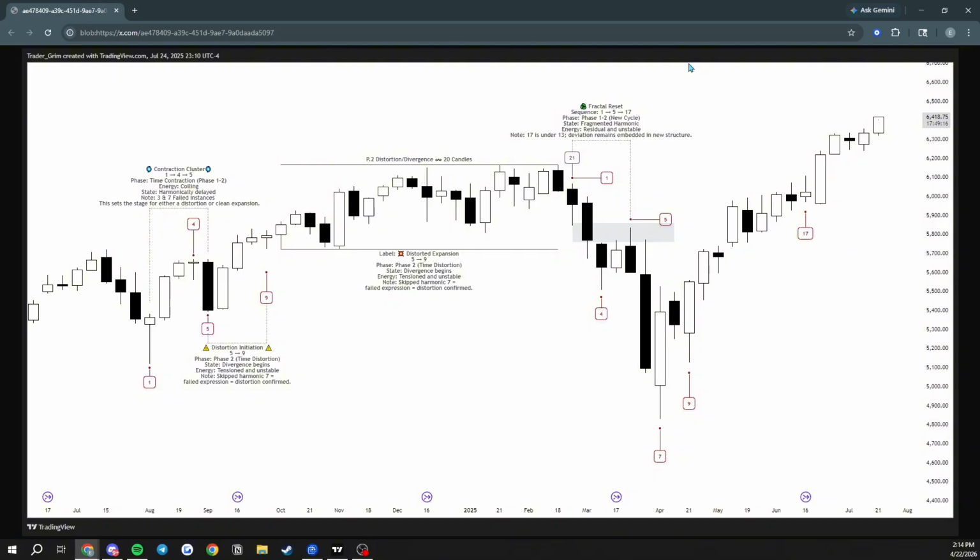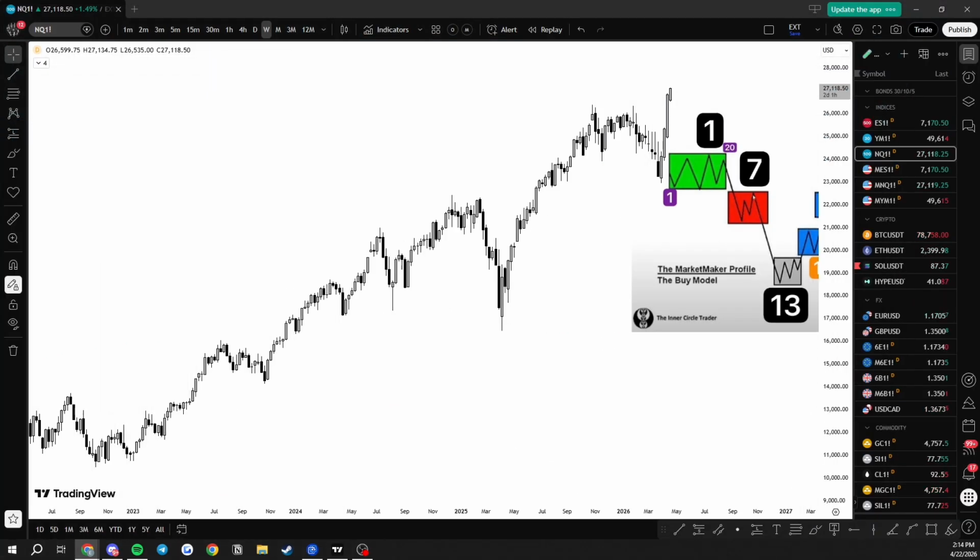There's a concept inside of TDT that says consolidations, reversals, expansions, and retracements all have a specific number of candles inside of them. You typically see roughly the same amount, maybe not always, but on a more consistent basis than not.